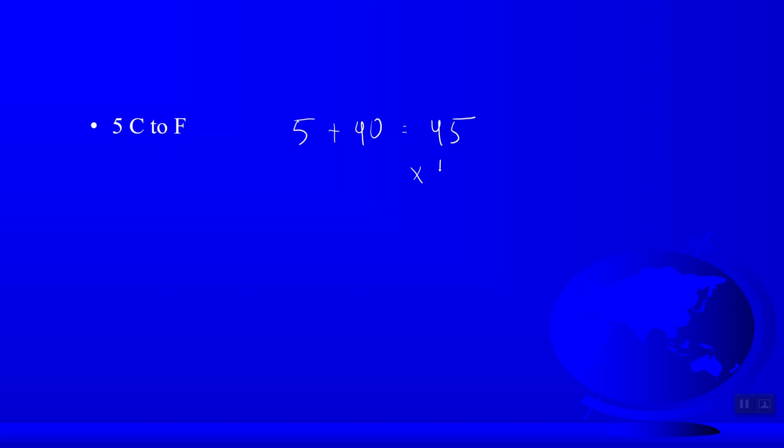Multiply. Last step, subtract 40. 41 degrees Fahrenheit. So when it gets to be close to 0, it gets cold for us. Yep. It gets cold for us.